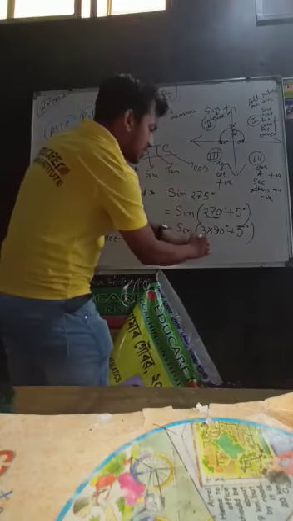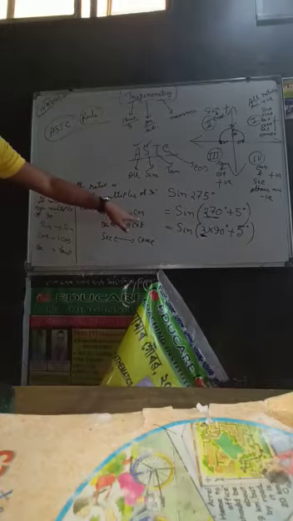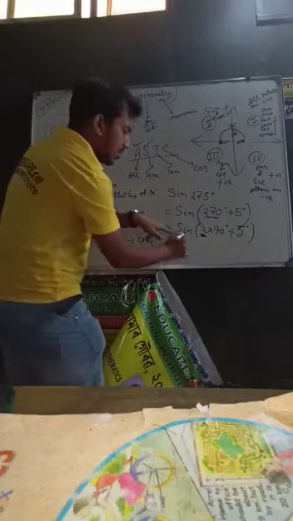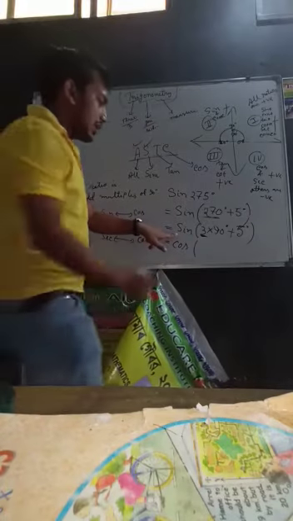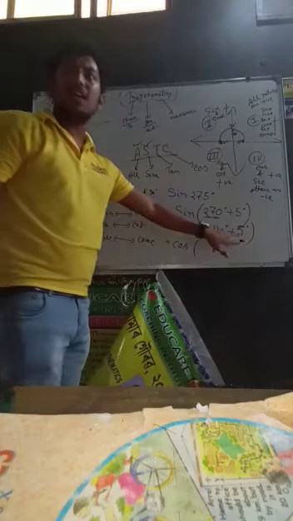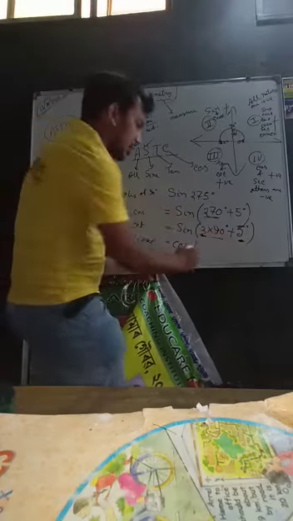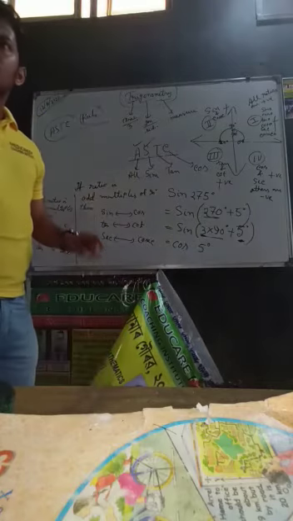Here the first rule is 3, an odd multiple. If an odd multiple is there, sine will be replaced by cos. So it will be cos first of all. This is the main theta angle, 5 degree. So we will put here cos 5 degree. Okay? First rule is complete.